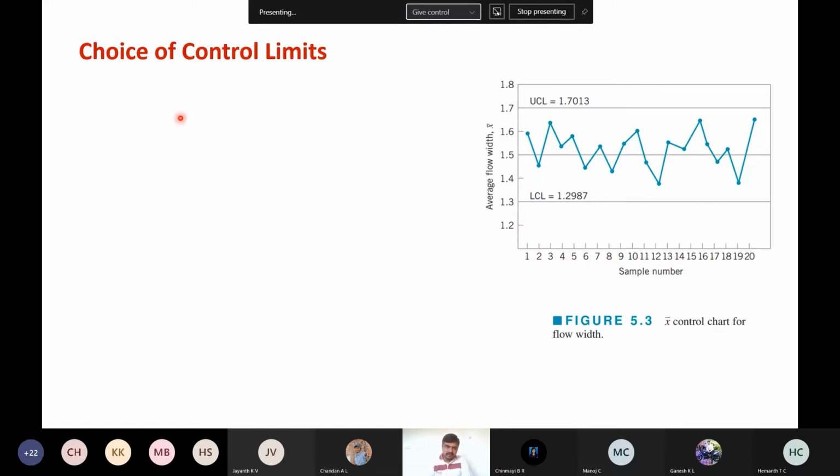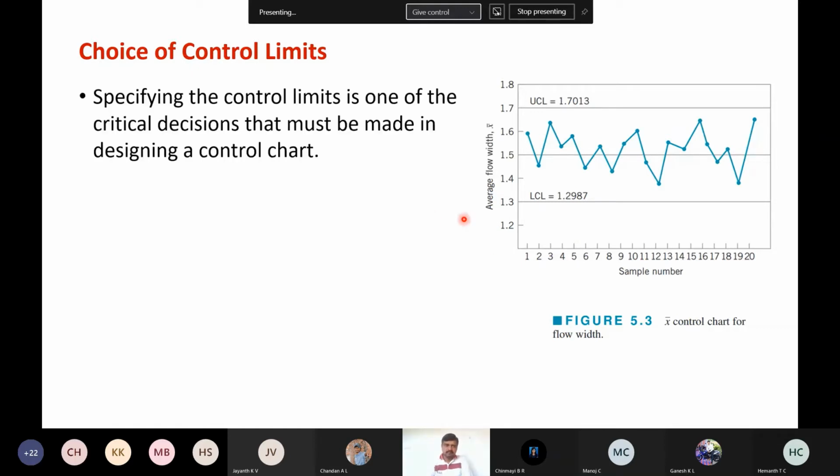Next, how to choose these control limits, where they should be kept. For that, there are many considerations. Specifying the control limits, that is the upper control limit and lower control limit, is one of the critical decisions that must be made in designing a control chart, because we are evaluating whether the process is in control or out of control based on the location of the points.